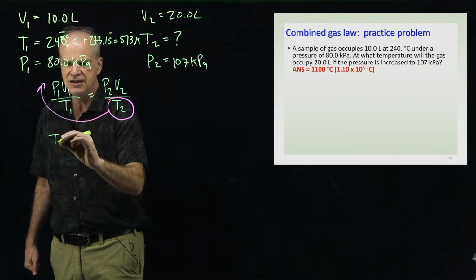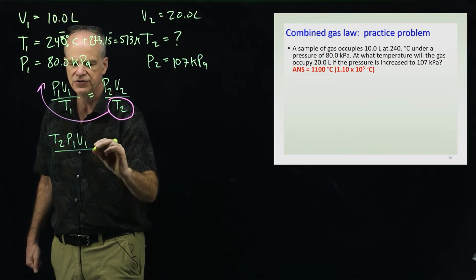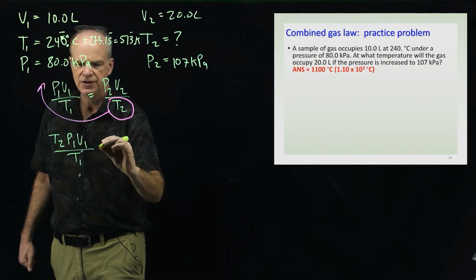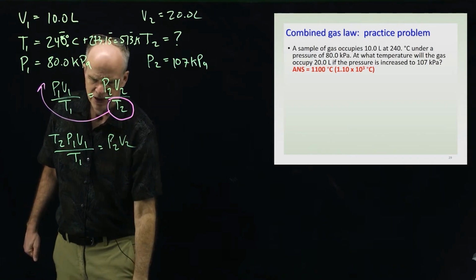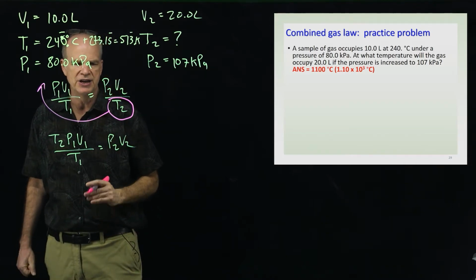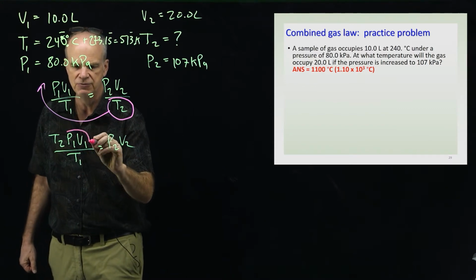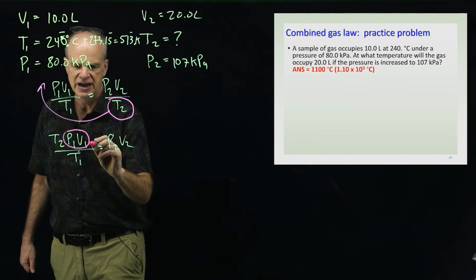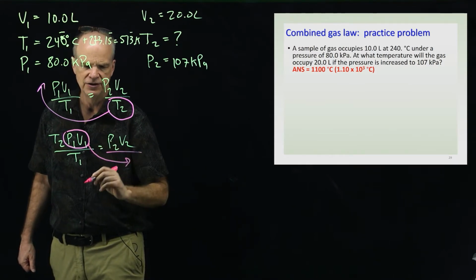And so what we can do is write that out, see what we got now. So we have T2 P1 V1 over T1 is equal to P2 V2. And so the next step is we've got to move out the other variables so that T2 is by itself. So we're going to move P1 V1 from this side of the equal sign, and it will go into the denominator on the other side of the equal sign.